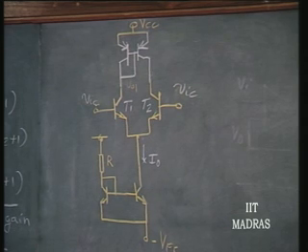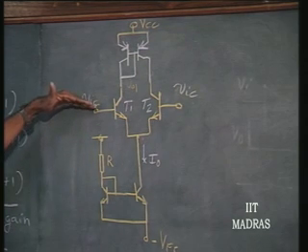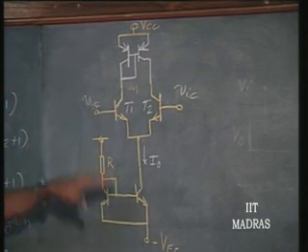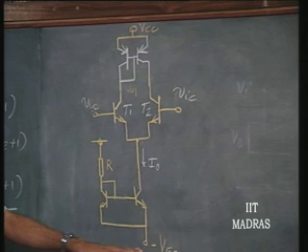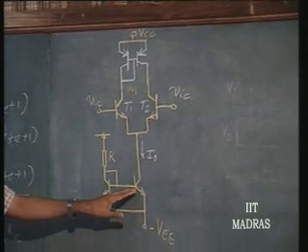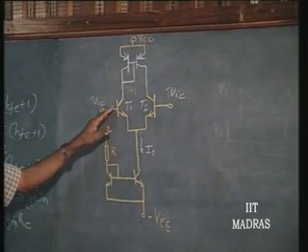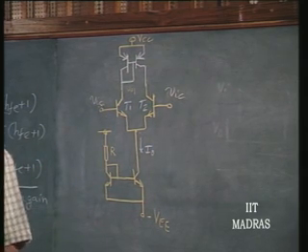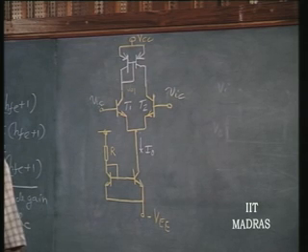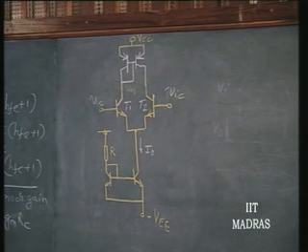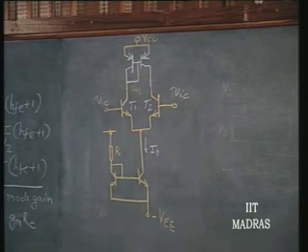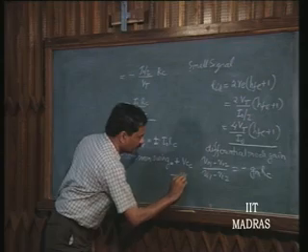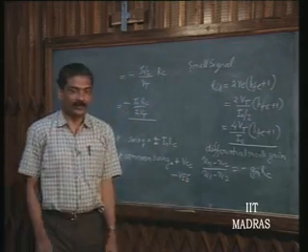Now, today we will see how the swing here goes almost up to VCC minus V gamma on this side, and also almost to the negative supply voltage minus VEE plus V gamma, plus one more V gamma. Up to that it can swing as far as the input common mode swing capability of the transistor stage is concerned. So, that means it is almost up to plus VCC on one side and minus VEE on the other side, almost.